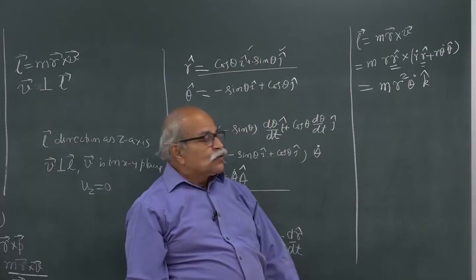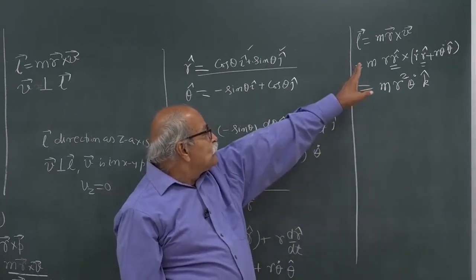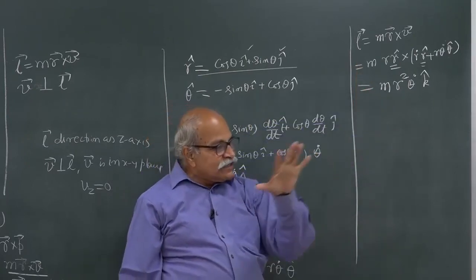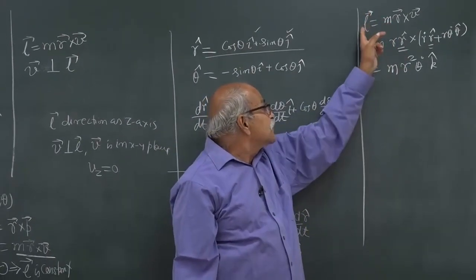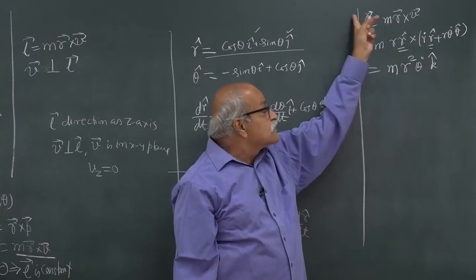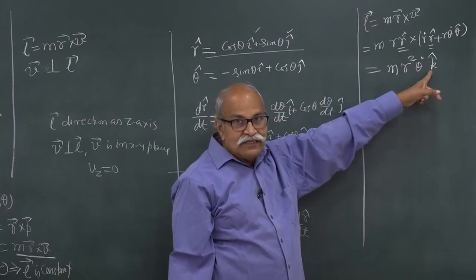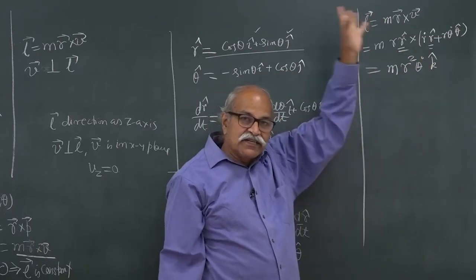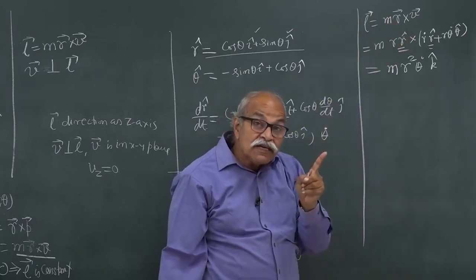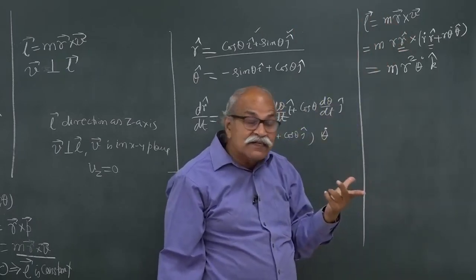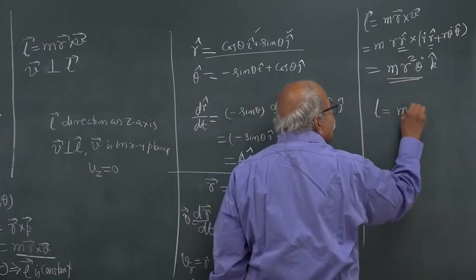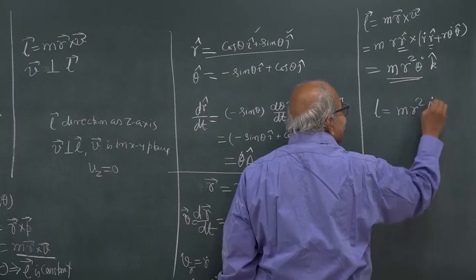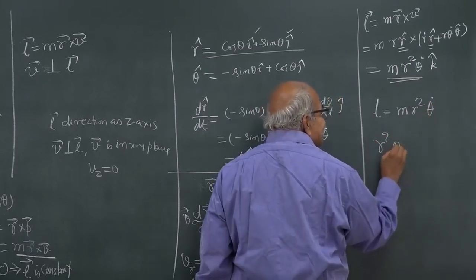We have already shown that the whole motion is in the xy plane and the angular momentum is in the z direction. So, it comes out in the z direction, very nice, and the direction is fixed. The magnitude is also fixed, L vector is a constant vector. So, L is equal to m r square theta dot, and this is constant, meaning r square theta dot is constant.